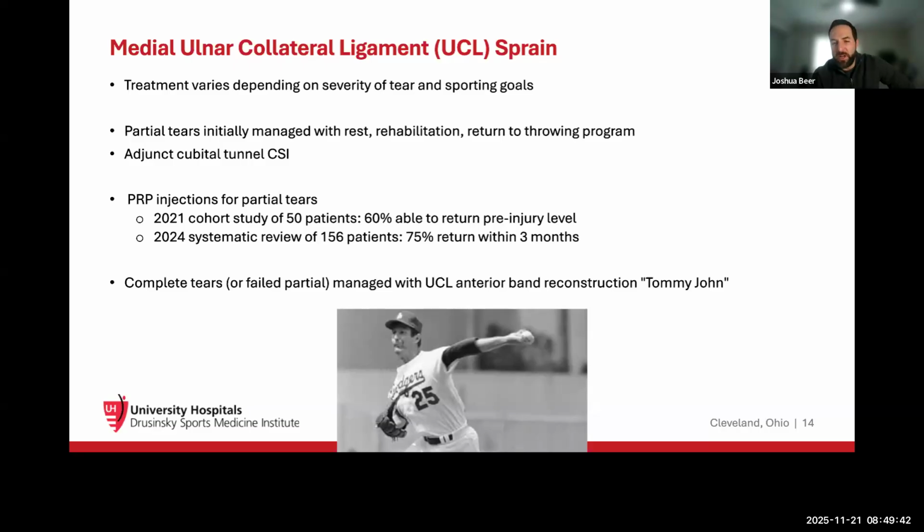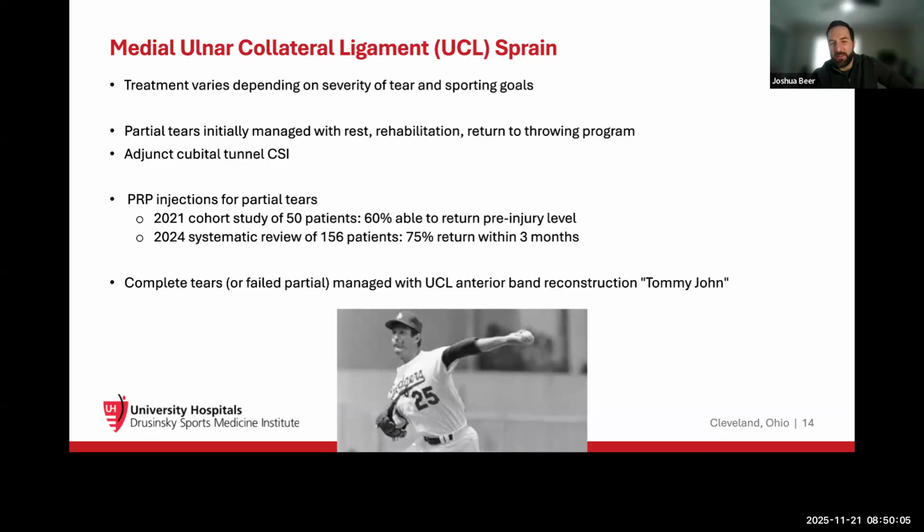If they're having associated cubital tunnel syndrome, you can also do a perineural CSI with ultrasound guidance to address that component. PRP injections have shown pretty good promise in addressing the partial tears. In 2021, there was a cohort study where 60% of the patients were able to return to pre-injury levels.